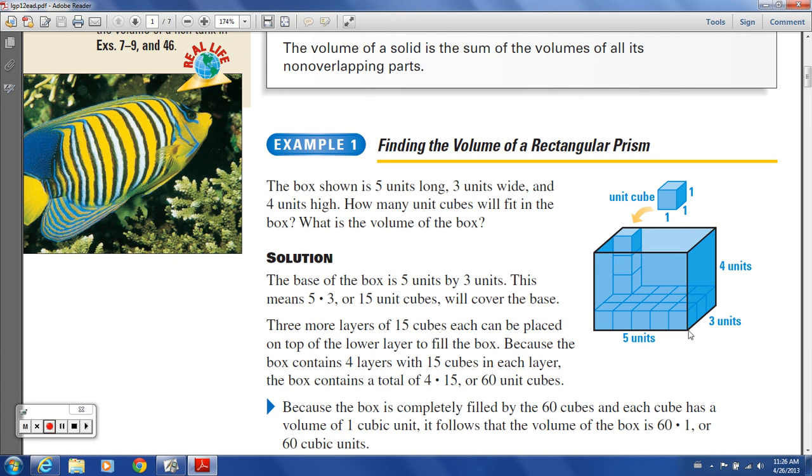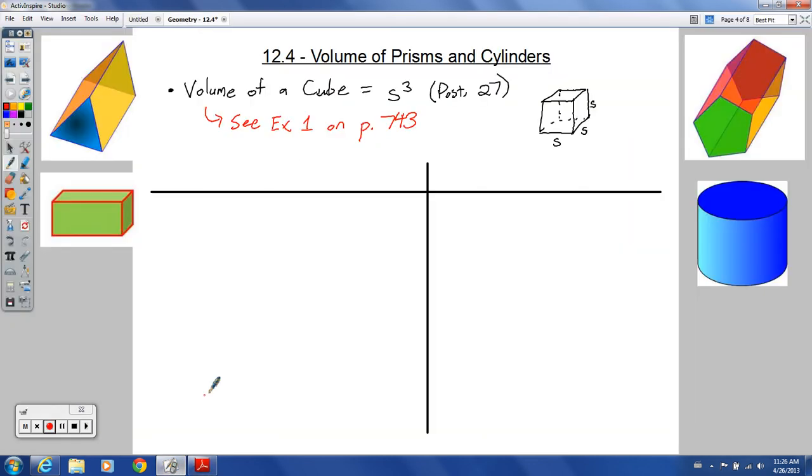So this one you'd have to use length times width times height, which is base times height, but we're getting to that. I'm kind of getting ahead of myself a little bit there. So let's get to that here, and let's put up here, these are the volume theorems. These are the big guys for this lesson.